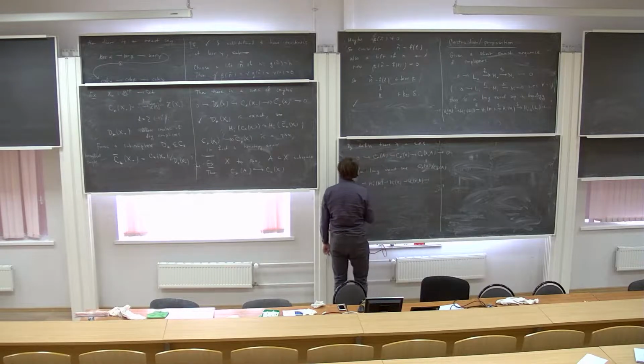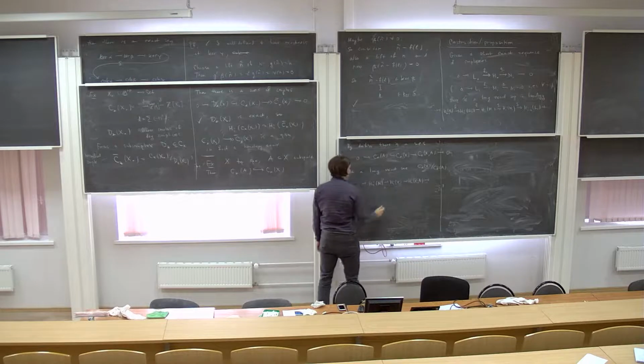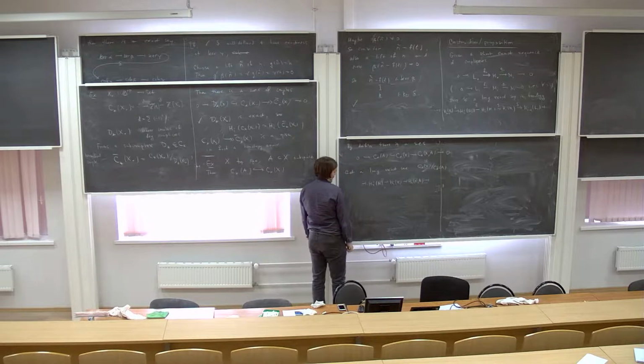One reason it's so effective is that you can, in nice cases, relate this to homology of the space you get by collapsing A to a point. Okay. Now this is the relative one.